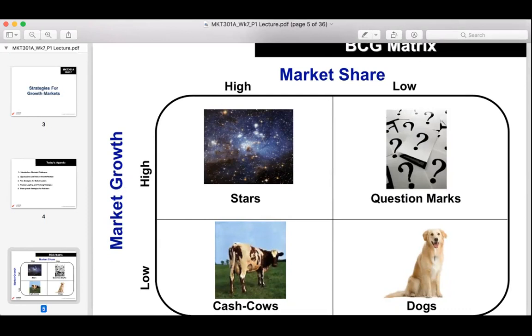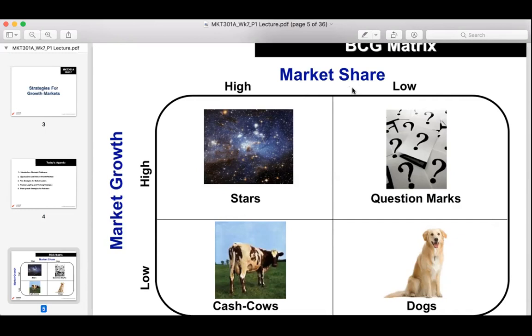So that's basically the major purpose of the BCG matrix. In that we have 2 components. The first one is about the market attractiveness, represented by the market growth rates, and the second one is the market share, which is basically about our performance.